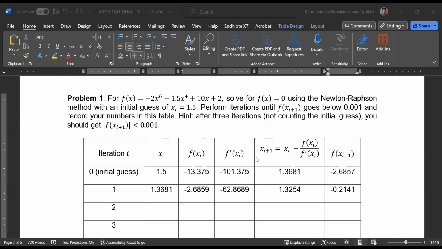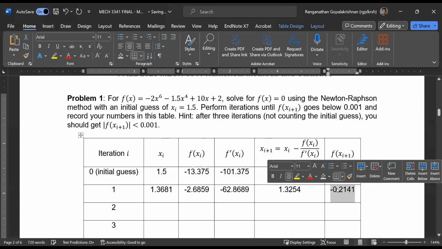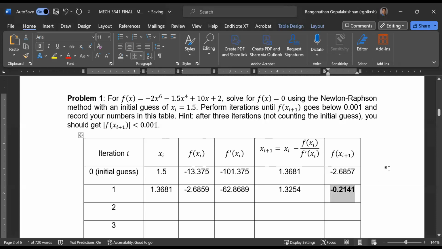So what we want to see is we have to keep performing iterations until the value of the function goes below 0.001. That is the goal. So now this number has to come here. That's the next iteration. And now you have to evaluate the value of the function, which is this. So this is simply minus 0.2141.